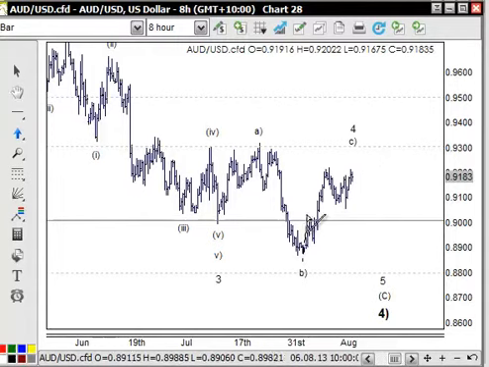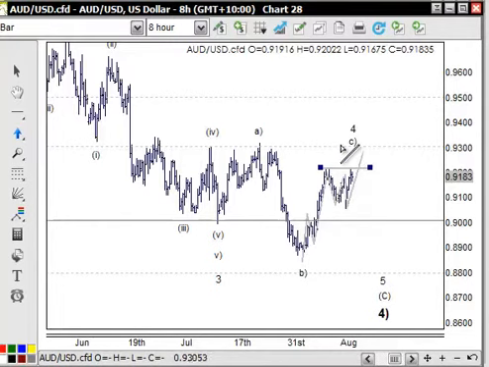So the 1, 2, 3, and this is the 4th, which is the A, the B, and the C for the 4th. And then we need to make a new high above here to make the 5th wave here. So the 1, 2, 3, 4, 5, and that's where we are now. Once that's completed, then we'll see 5 waves down for this to complete down here, and that would be the end of the situation, and then we would move up from there.